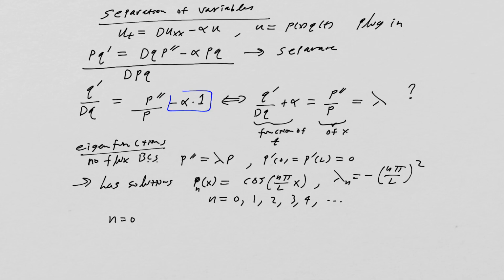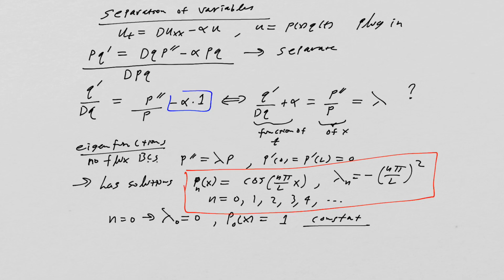Notice that the n equals 0 case is special. Lambda is equal to 0, and p0 of x is just going to be 1, the constant. Okay, so we have our eigenfunctions right there. We box those up. Now, of course, we move on to talk about the time equation.